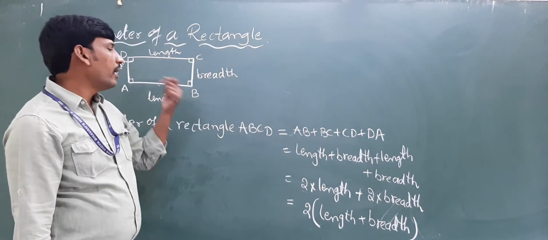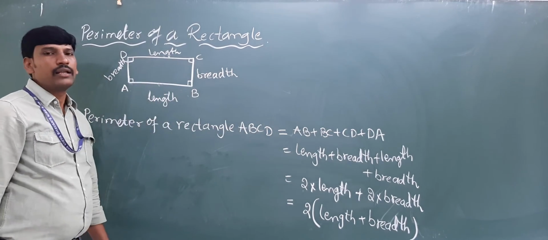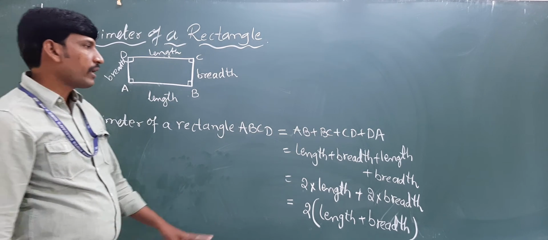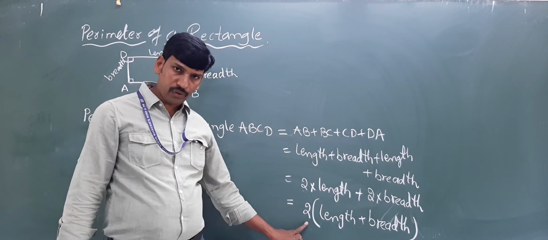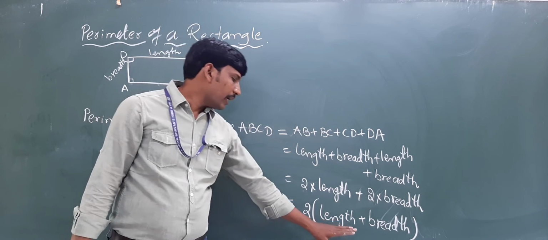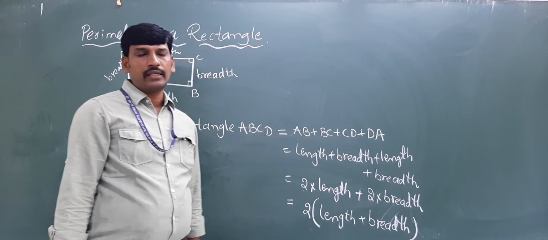To find the perimeter of a rectangle, the formula is: perimeter of rectangle is equal to 2 into length plus breadth.